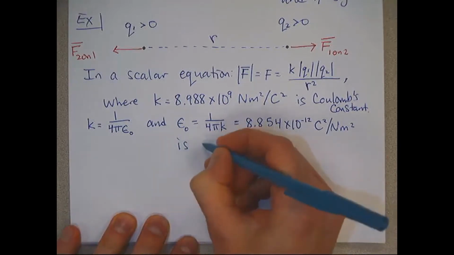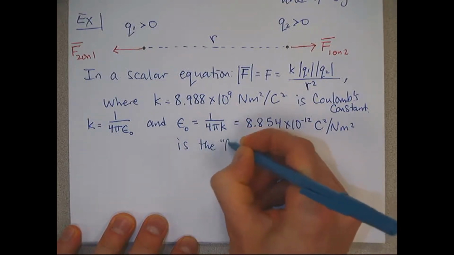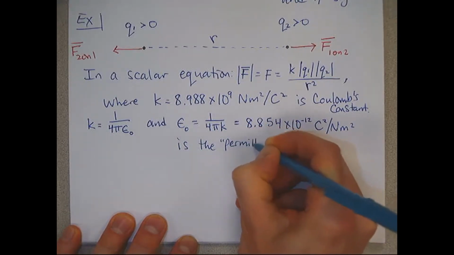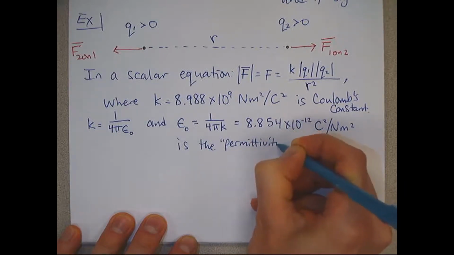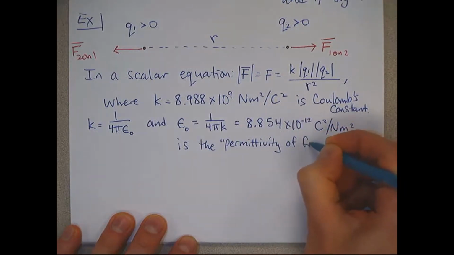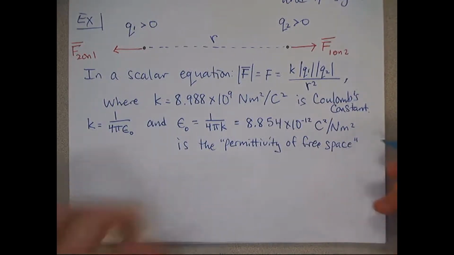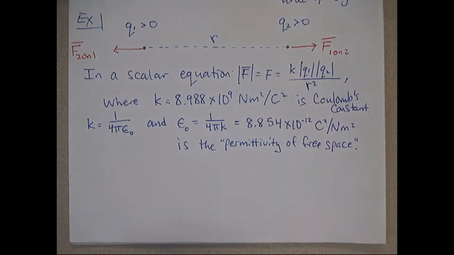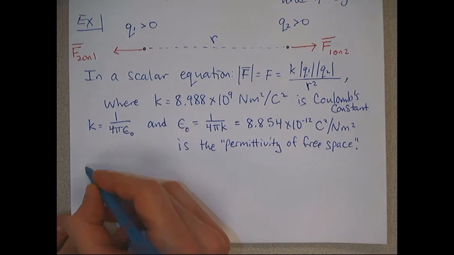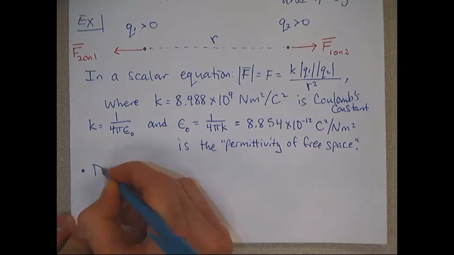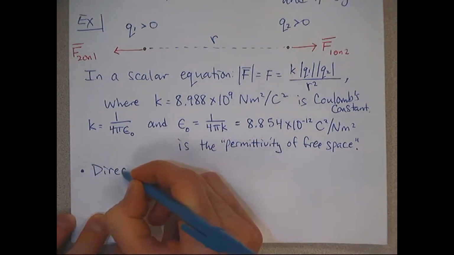This is called the permittivity of free space. We'll talk about this more in class, but you should think of it as a quantity that defines how much the universe is allowing other charges to feel one another. Of course, we have to determine the direction of the forces here.